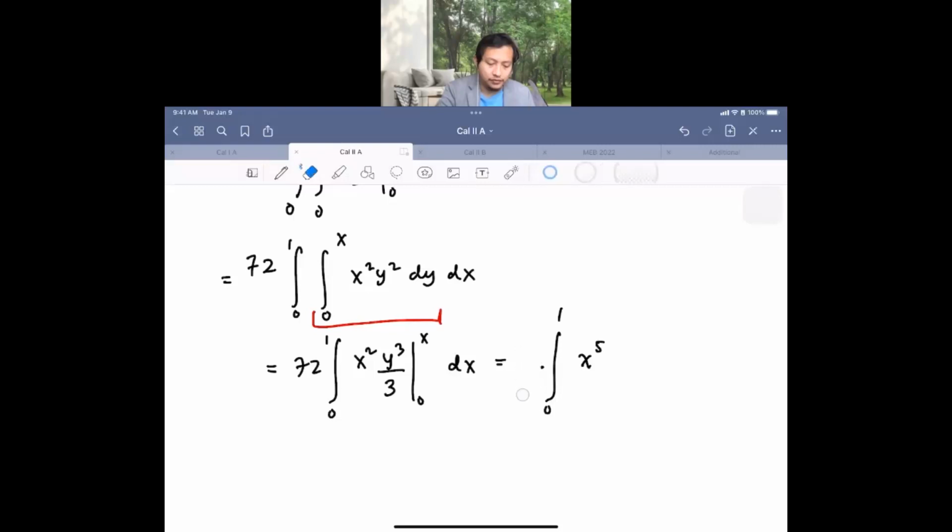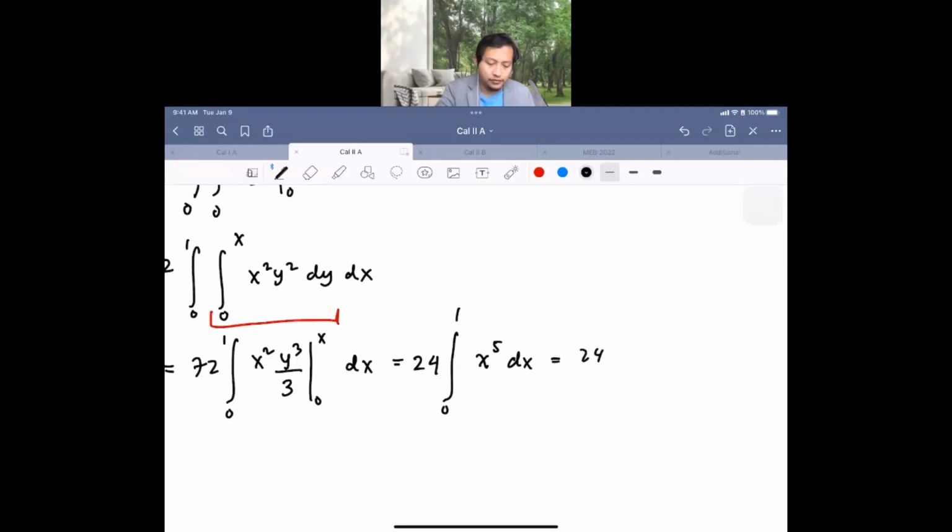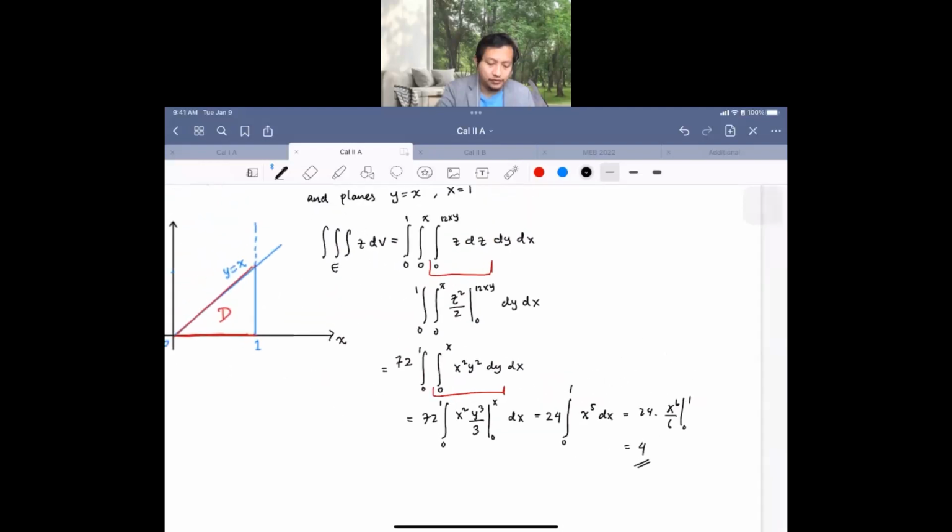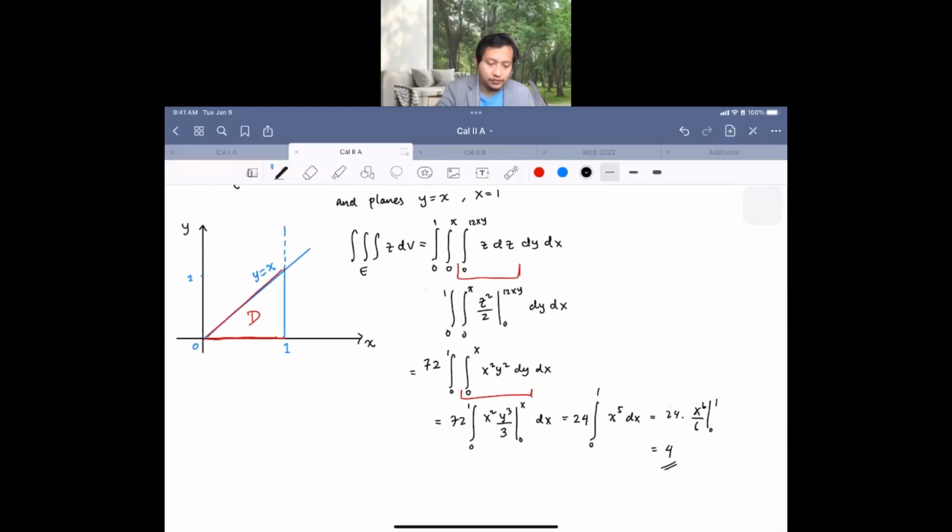Let me write this 24. So we could write down this should be x to the 6, so this should be 4. Okay, that's our calculation.